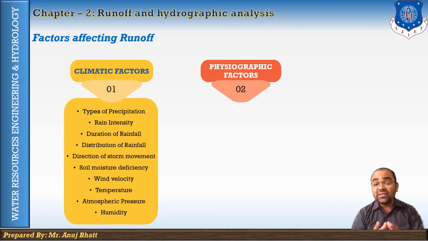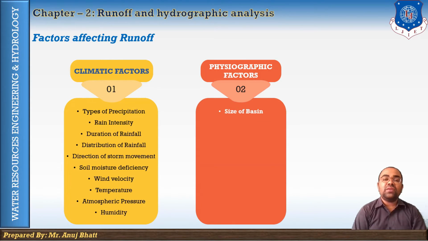Thus, these factors affect the losses from the drainage basin and therefore they also affect the runoff. If the losses are more, runoff will be less, and if losses are less, runoff will be more. So this works vice versa. Okay, so these all are the climatic factors that affect the runoff from a drainage basin.